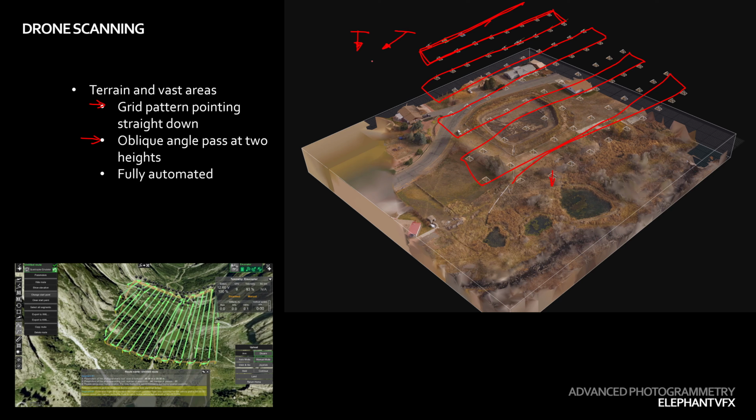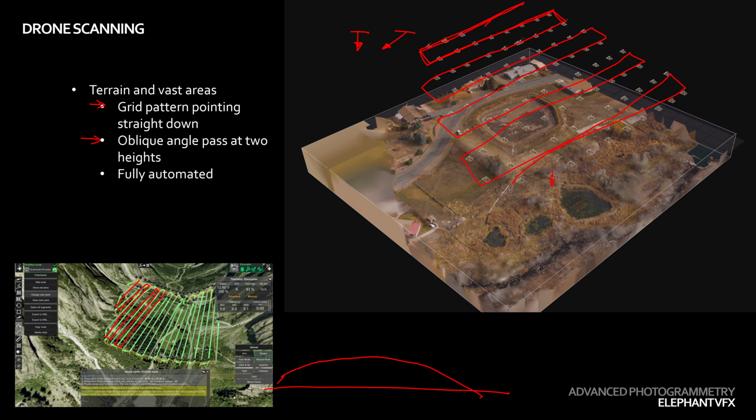So instead of pointing down completely, doing something like that, right? Because we're going to get more parallax, we're going to get better information when it comes to height, and we're going to get rid of the banana effect, right? Because when we're pointing straight down, it doesn't really know the difference in height, but if you're doing an oblique pass, it will know much better, okay? You can see it here, this is a much bigger land, and it's kind of doing the same thing, right?